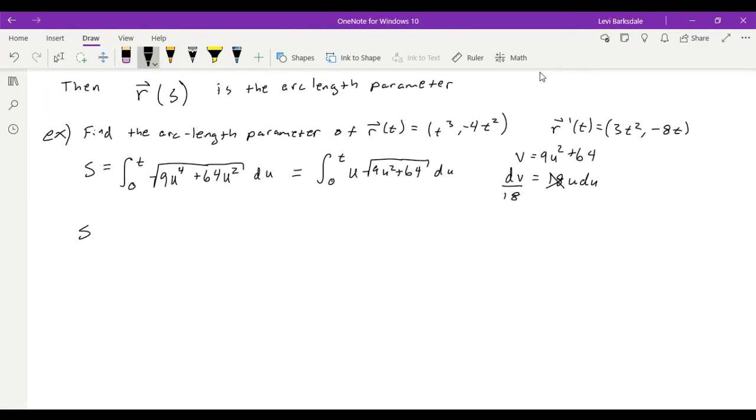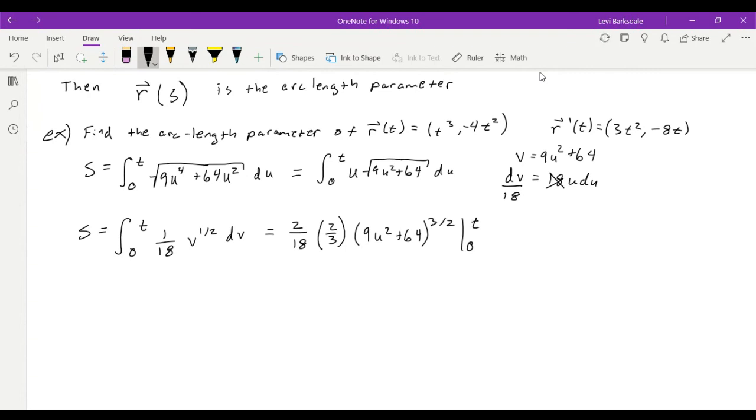So then s is equal to the integral from 0 to t of 1 over 18 v to the 1/2 dv, which gives us 1 over 18 times 2 over 3 times 9u squared plus 64 to the 3/2, all from 0 up to t.